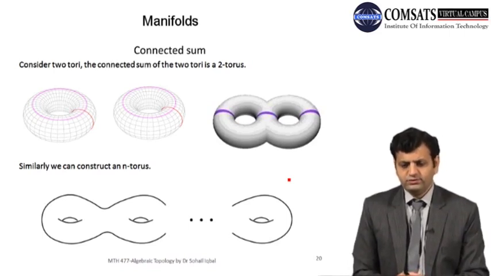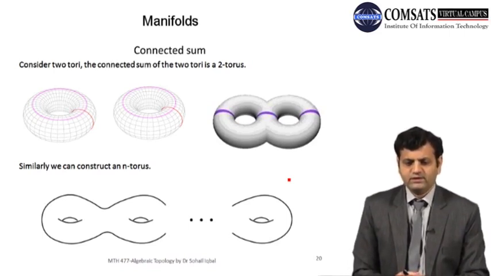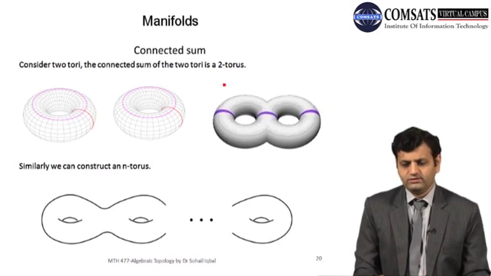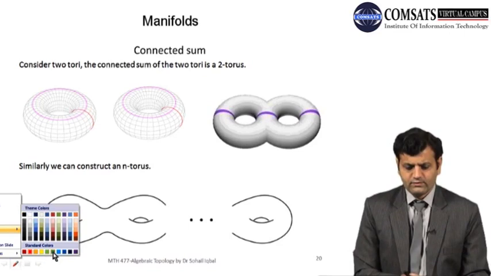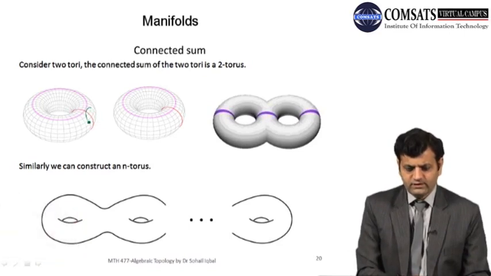Okay, so here's what we can do. Given two tori, I can take the connected sum of those two tori and I can construct a two torus. So what's the procedure? The procedure is very simple. Take a disk inside one torus, take another disk inside the other torus, remove the interior and then join the boundaries.